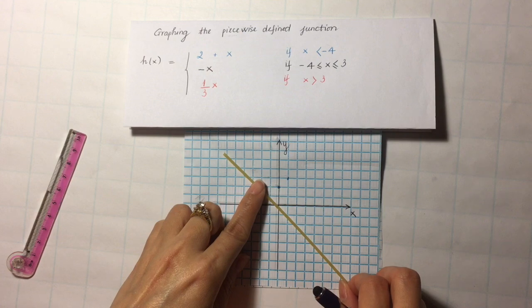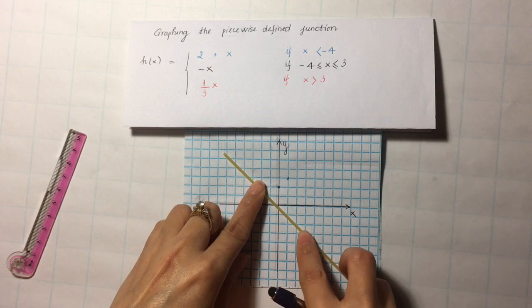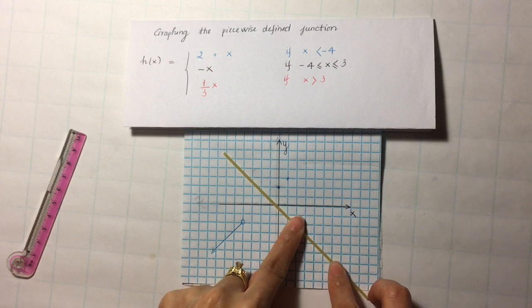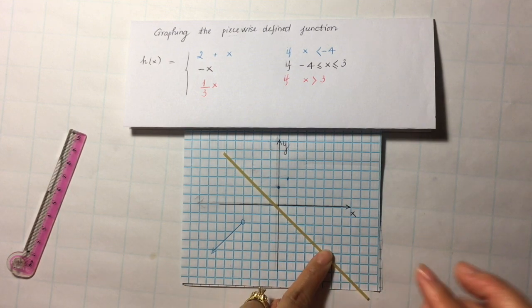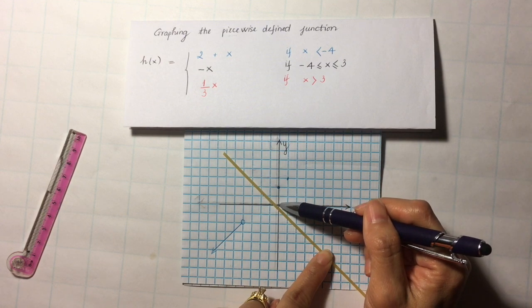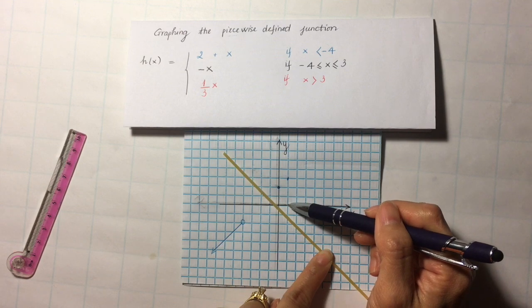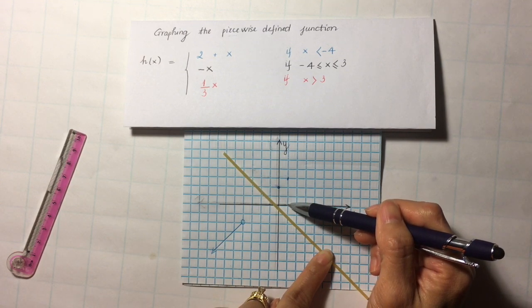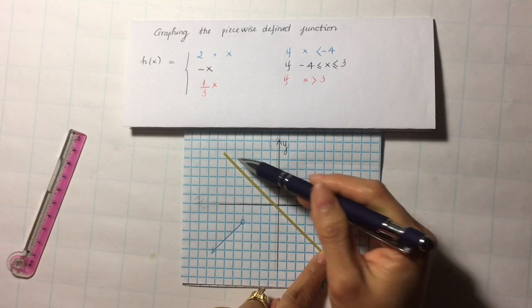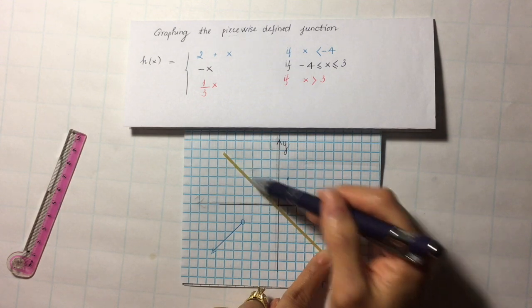When x equals 0, h of x equals 0. When x equals 1, then h of x equals -1, which is this point right here. So this is the second point. We connect the 2 points, and we get this graph.